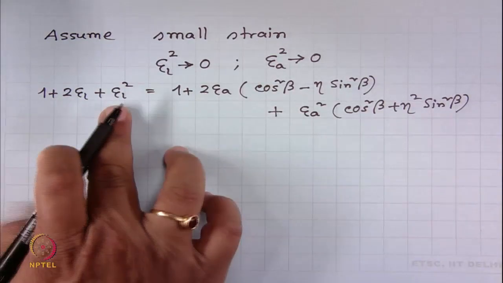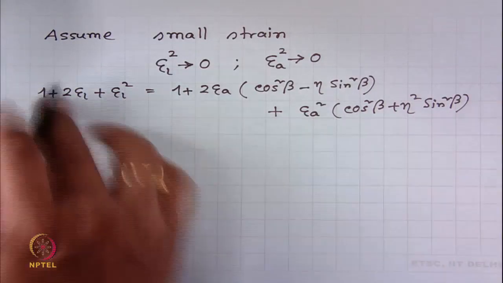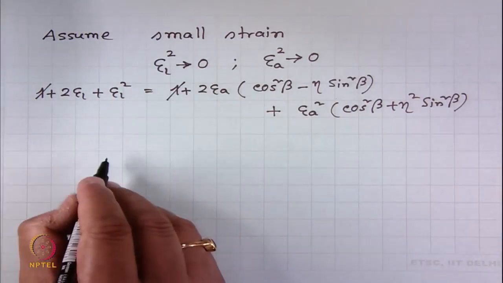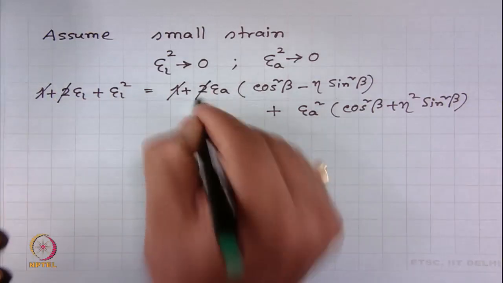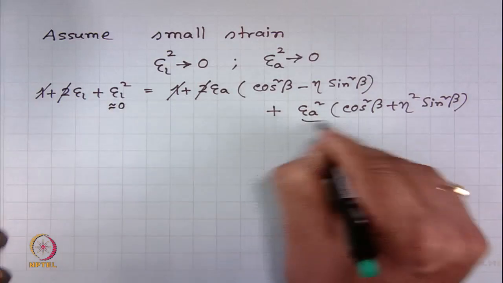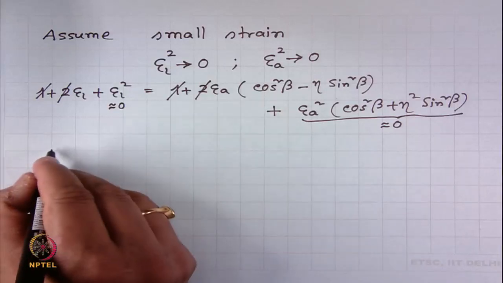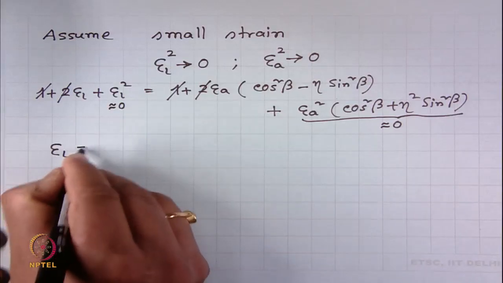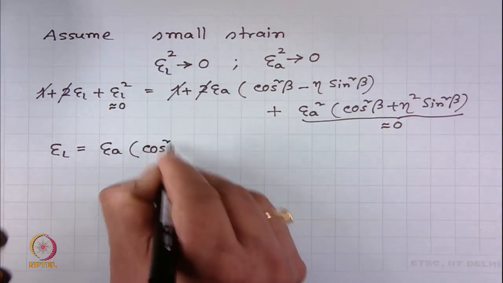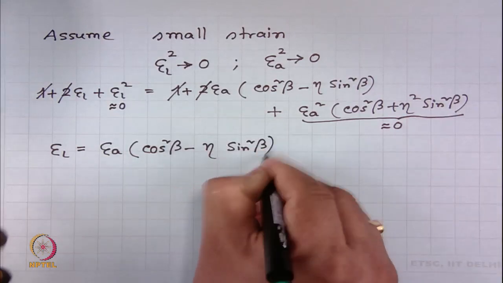So, when this tends to 0, this tends to 0, this 1 and 1 cancel out. So, we obtain these two cancel out. So, this is approximately equal to 0, this is also 0. So, what we obtain is the relation with cos square beta minus eta into sin square beta.